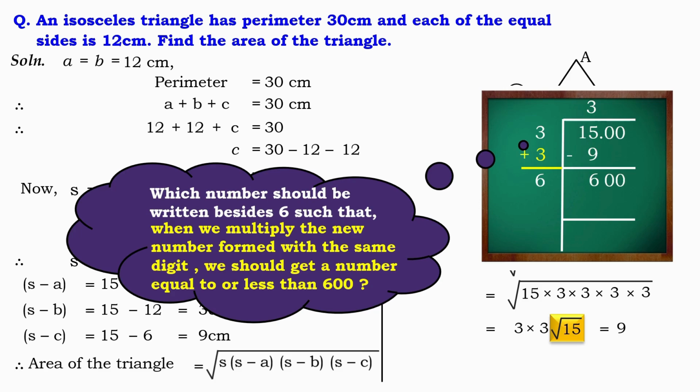So we have to think of a digit which we can place just beside 6, because we have to multiply whatever digit we are thinking with that digit only, so that the number we get is less than or equal to 600.